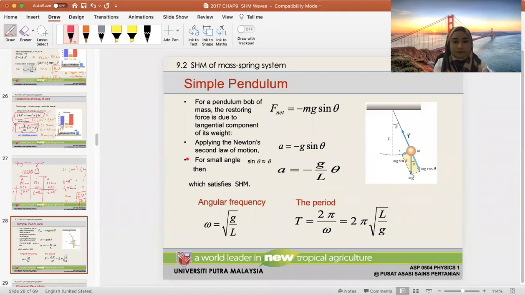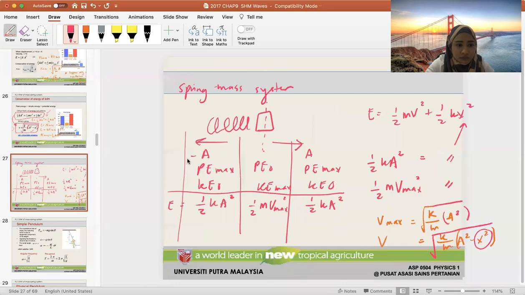Doctor, for the equation just now, 1/2 kx squared plus 1/2 mv squared equals 1/2 kA squared, where x is at any point, can we equate it? If we don't want to equate the final as the maximum amplitude, maximum displacement, can we equate it such that the kinetic energy is maximum, that means it's at equilibrium?